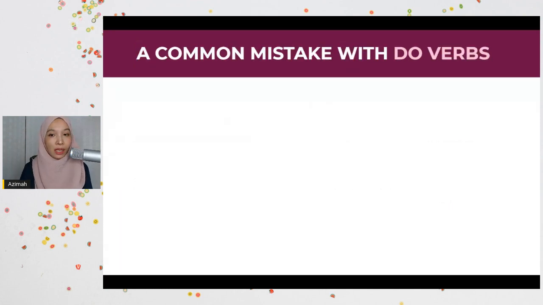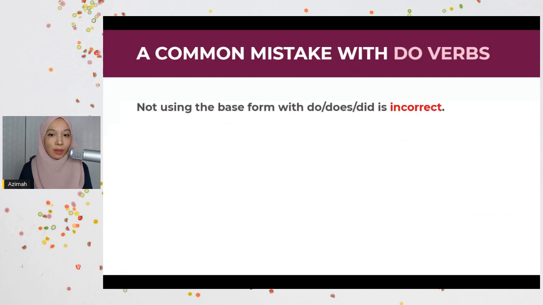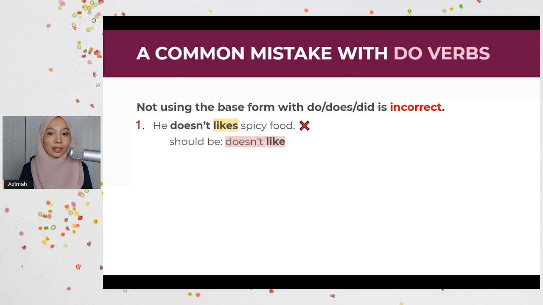A common mistake with do verbs is not using the base form with do, does, and did, because that would be incorrect. What's wrong with this one? He doesn't likes spicy food. He doesn't likes spicy food should be he doesn't like spicy food.